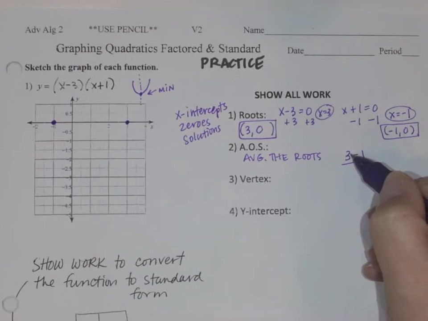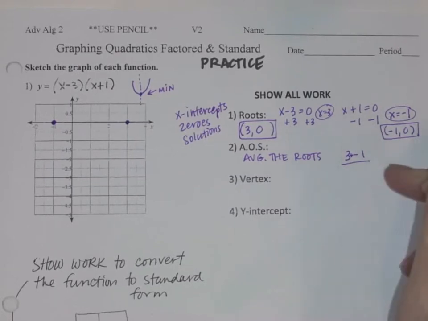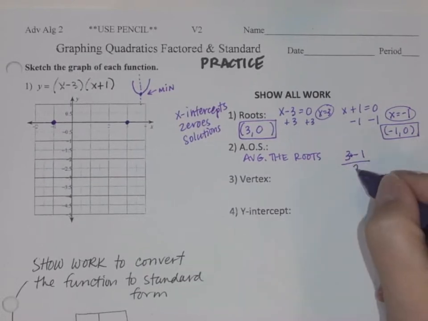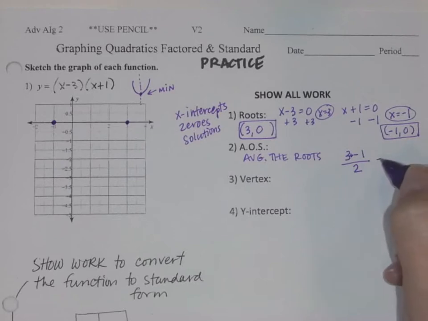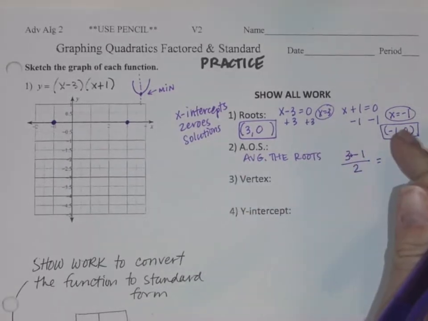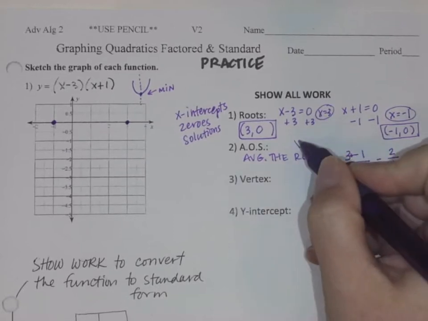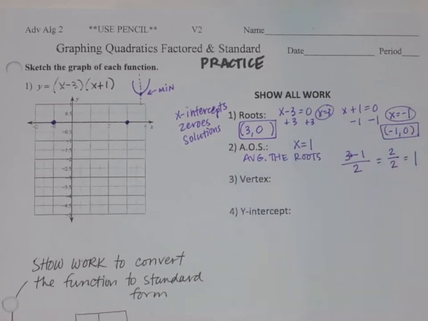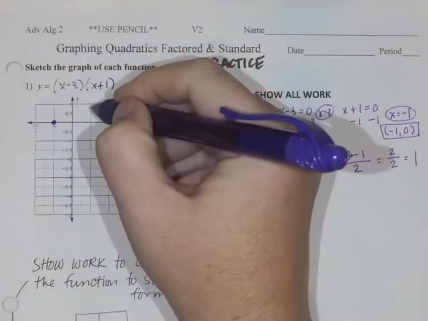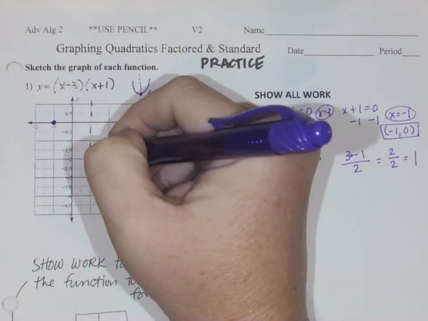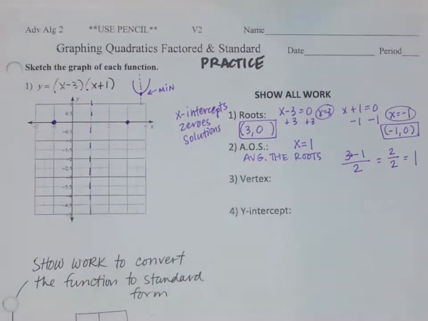I could add 3 plus -1, or 3 minus 1, it's still going to result in the same thing. Divide that by 2 because there's two numbers that we're averaging. So 3 minus 1 is 2, and divide by 2, so it looks like my axis of symmetry is going to be when x is equal to 1. And so that means I'm going to draw this line of symmetry right down x equals +1.